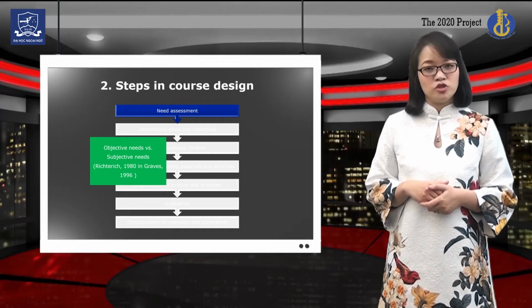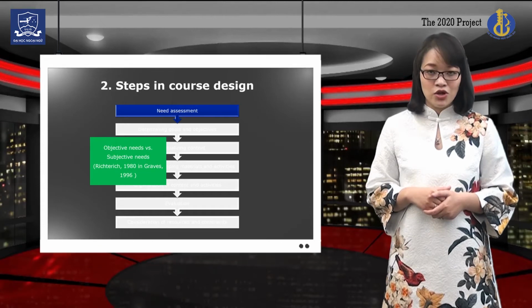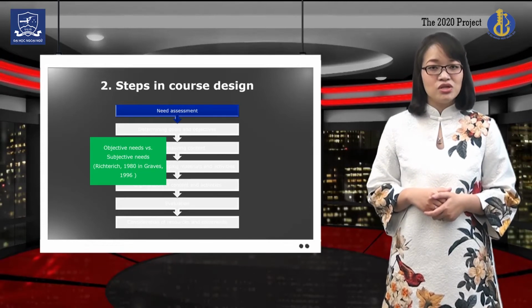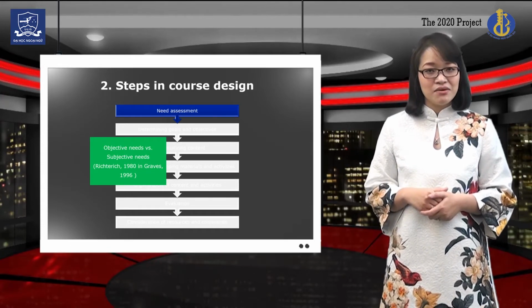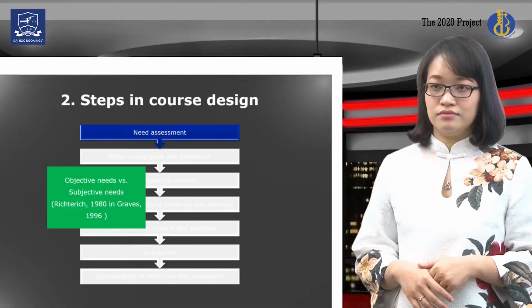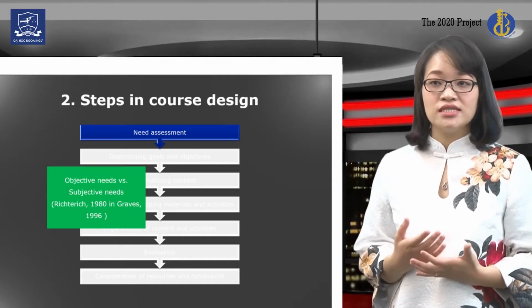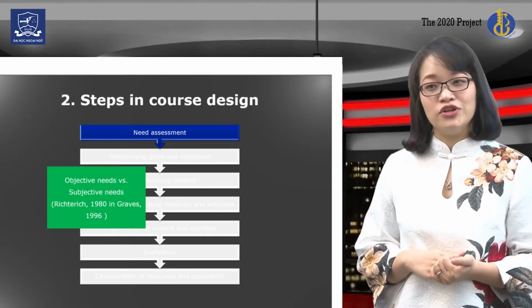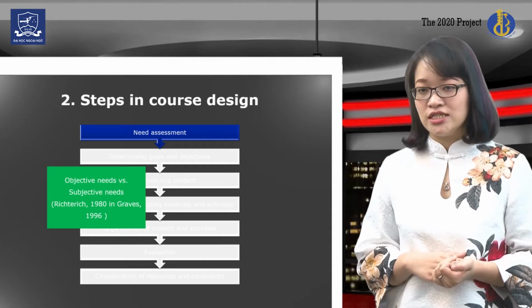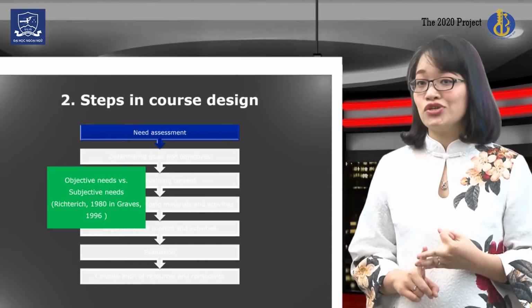The former, objective needs, focuses on the factual information about learners, their use of language in real target communication settings, and their current language proficiency and difficulty. Meanwhile, the subjective needs mention the cognitive and affective needs of learners in the learning situation, such as personality, confidence, attitudes, etc.